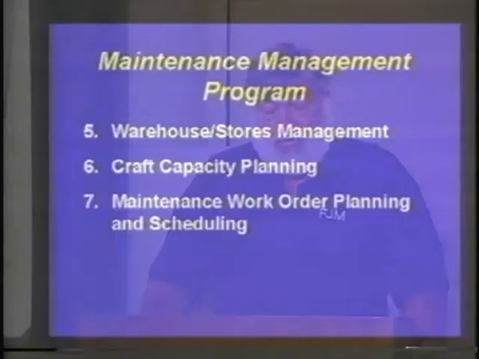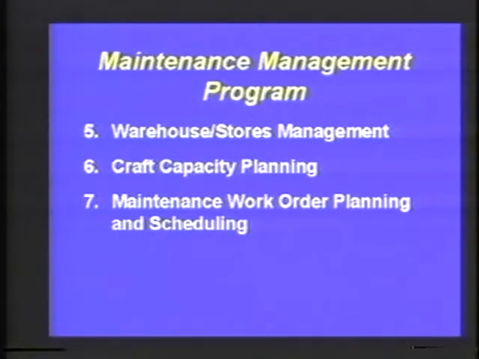The next is the maintenance work order planning and scheduling system, and here we're going to look at the differences between planned and unplanned requirements, and through that planning and scheduling process, we're going to show you how you can reduce, if you do it right, your total spare parts inventory investment by approximately 70 to 80% in real dollars.